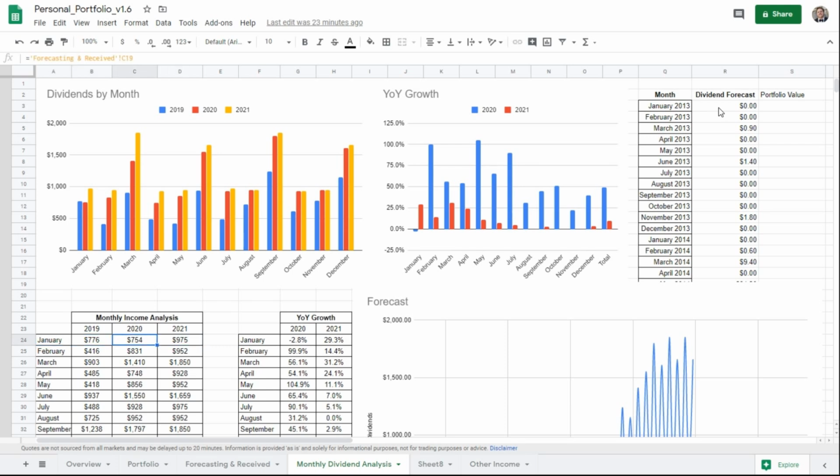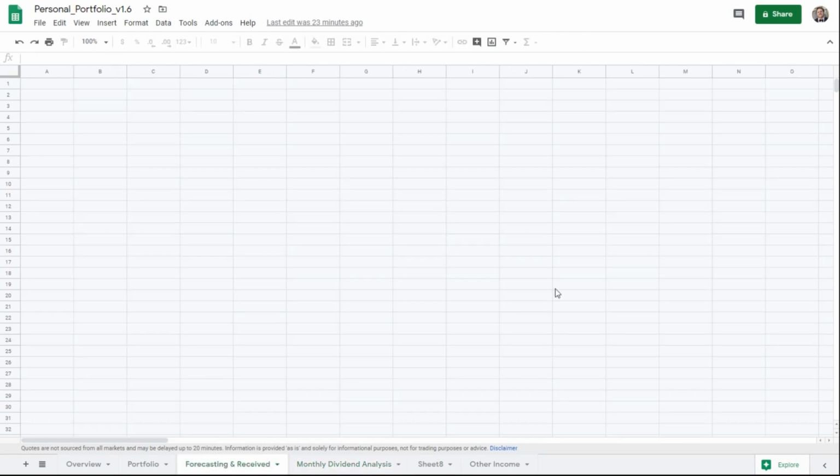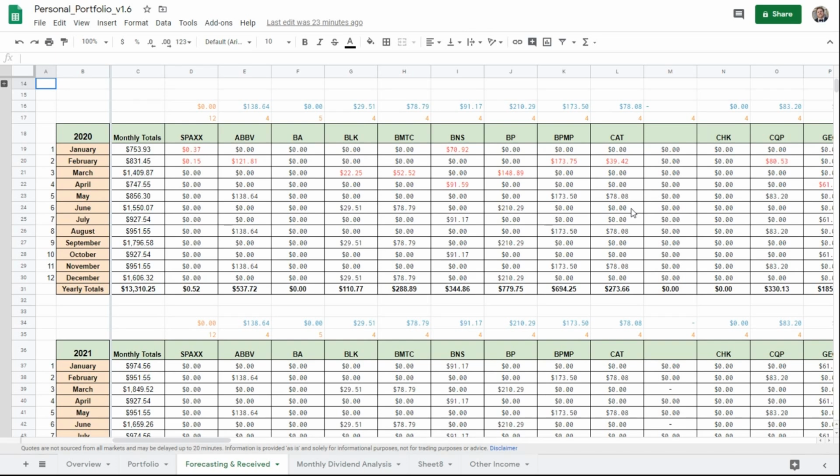And in this tracker, if you go back to this forecasting and received, you can go all the way back to 2013, 2014, and track this all the way if you want, or you can just say, hey, this is how much I made per month. But for this particular example, since I restarted from scratch and built this up so it's a little bit more automated, I just have 2020 and 2021 built in here, because I built this earlier this year and was more concerned about forecasting rather than tracking every little dividend in the past.